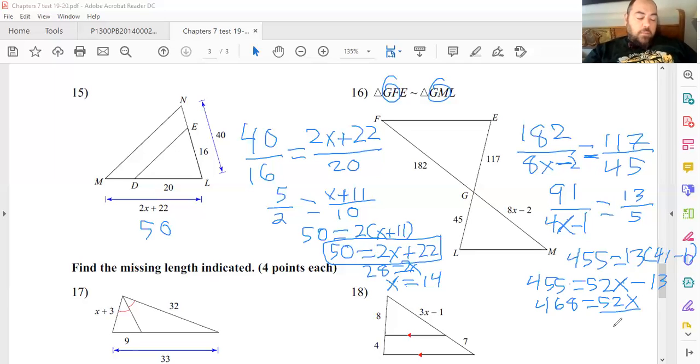We're going to divide by 52, and we get 9. So x equals 9. When we go and plug that back in, 9 times 8 is 72. 72 minus 2 is 70.